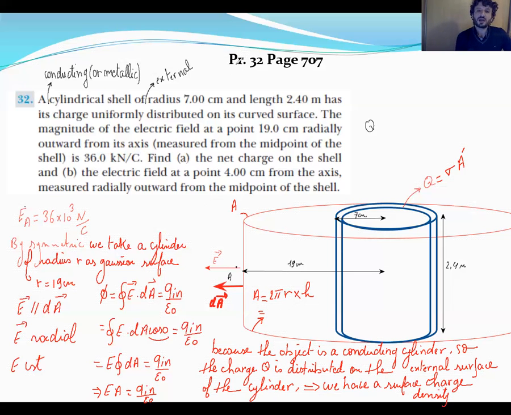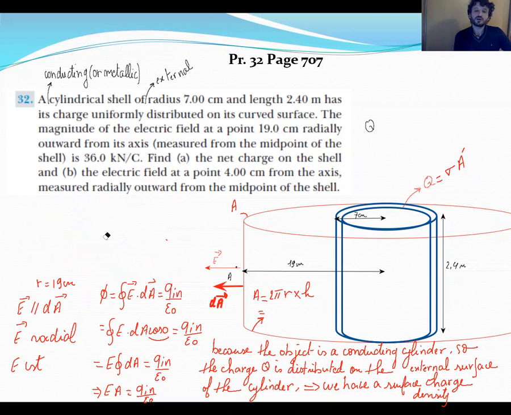When we have a surface charge density, we can write Q in general equals sigma times A prime. I'm talking about Q. Q is on the cylinder, okay?